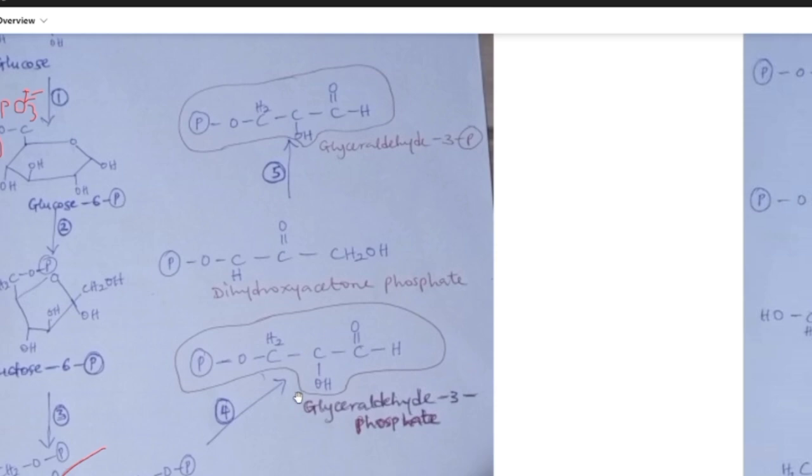The splitting in step 4 creates 2 molecules as shown in this structure: one is glyceraldehyde 3-phosphate and the other is dihydroxyacetone phosphate.